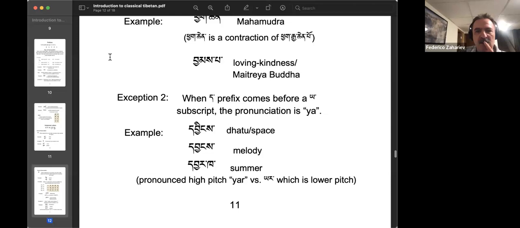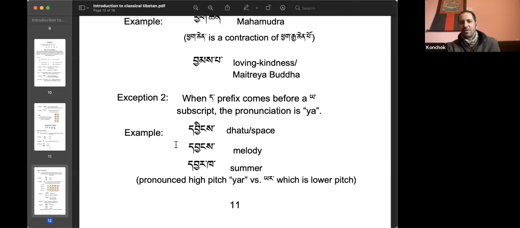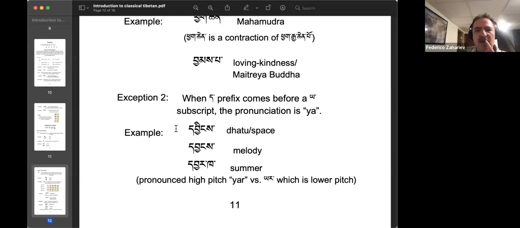Oh, because I already said Dao, then I would say... Actually, maybe I mispronounced it. You say Dao, then you say the root letter ba.